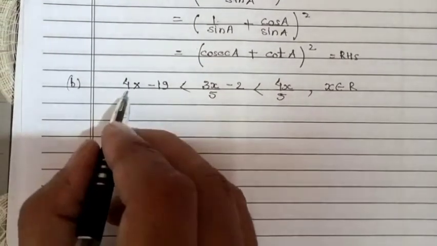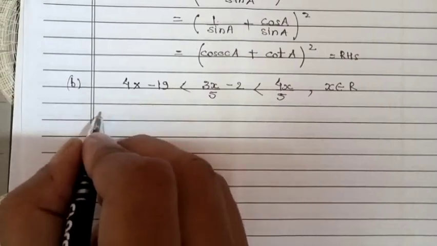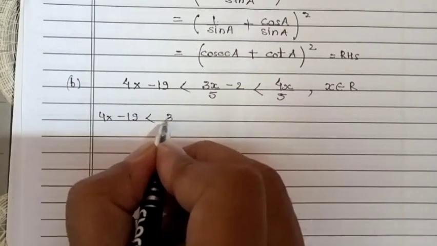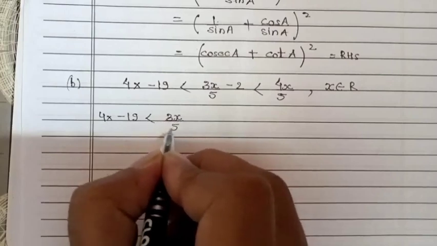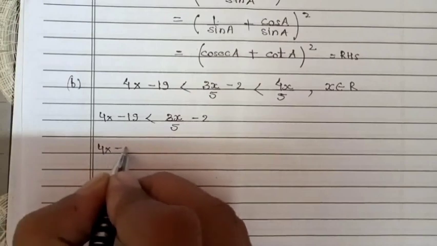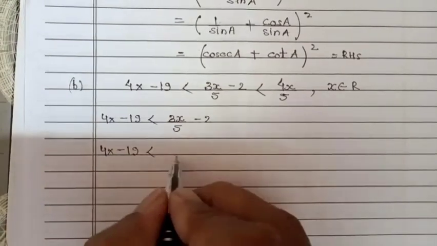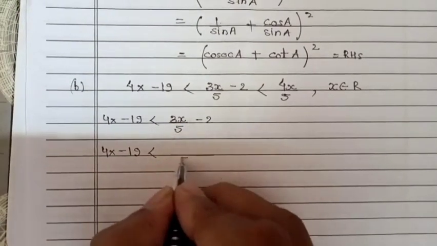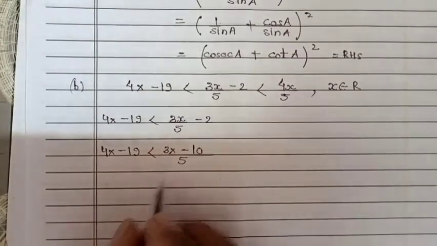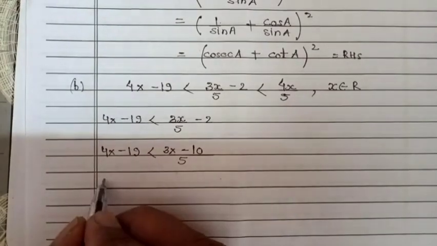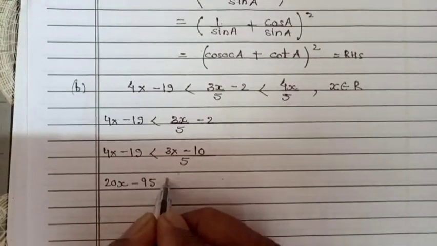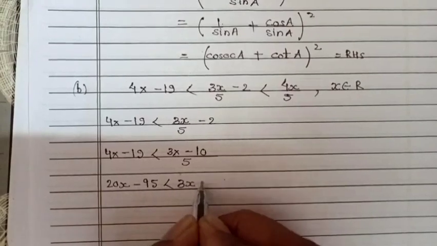So let's solve it. Solving the first inequality, 4x minus 19 less than 3x upon 5 minus 2. So this will give you 4x minus 19 less than, here the LCM will be 5, so 3x minus 10. Cross multiply with 5, you will get 20x minus 95 less than 3x minus 10.